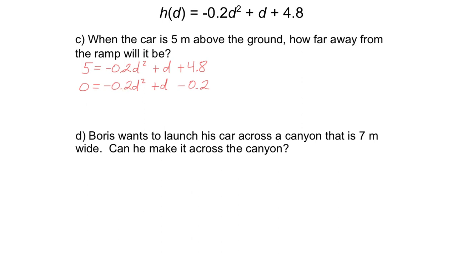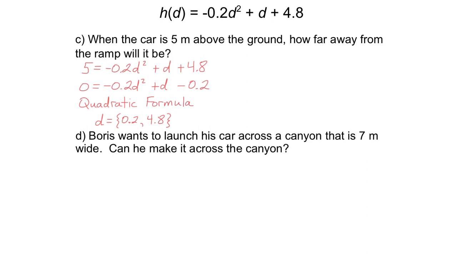I'm just going to use the quadratic formula. I'm not going to get into the details of the quadratic formula. If you need a refresher, you can go back to the previous lesson where I talked about that. But when you plug in your values for a, b, and c in the quadratic formula, and you do the calculation, you'll get 2 possible answers for the distance here.